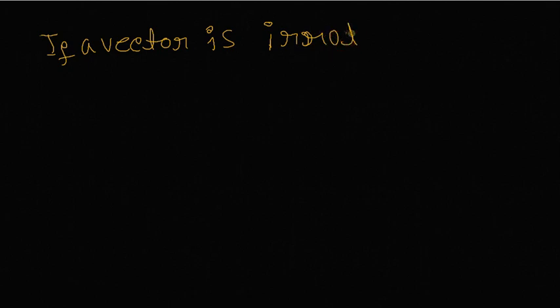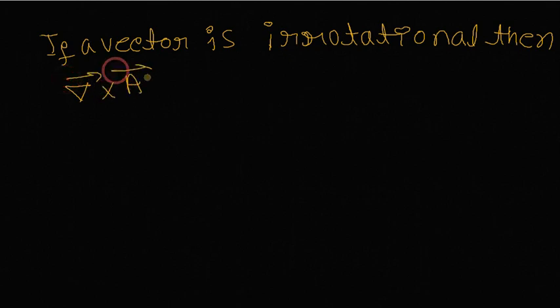Now if a vector is irrotational, then the curl of the vector is 0.